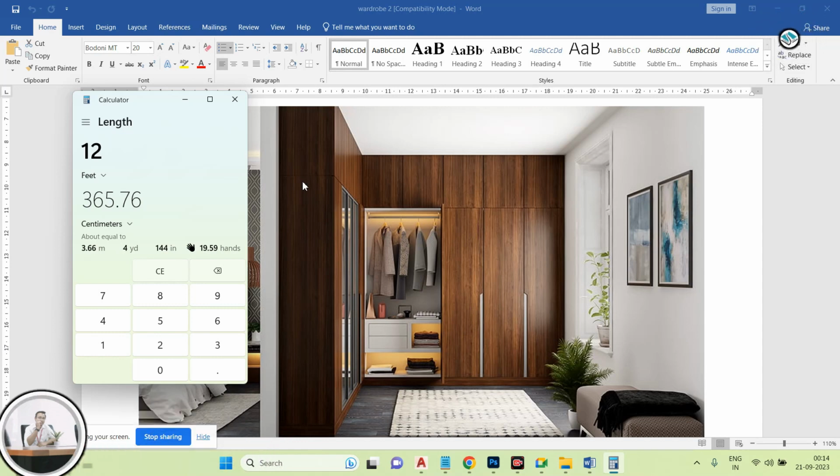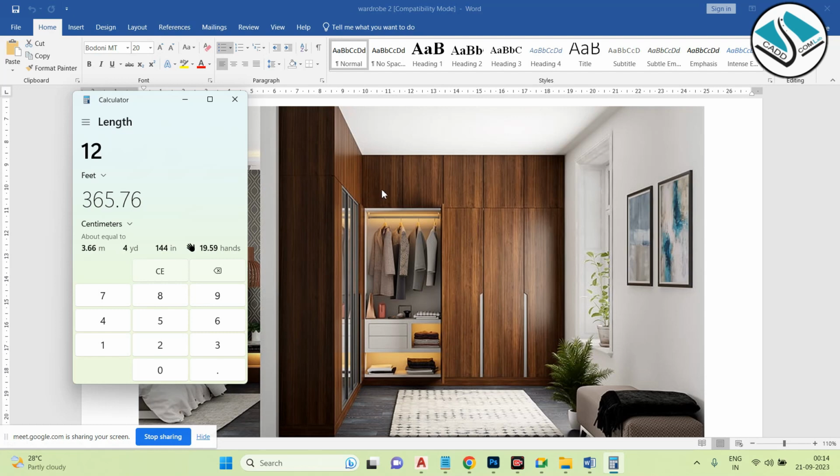I've already worked on different types of villa projects of the Saudi, so I know very well that the total height of the structure is 12 feet. And if the ceiling height is 11 feet, then you can use your wardrobe height total at 335.